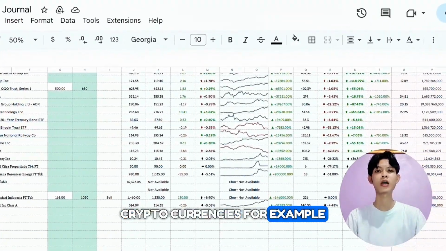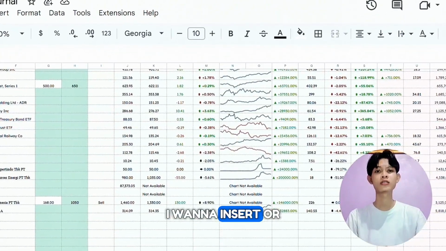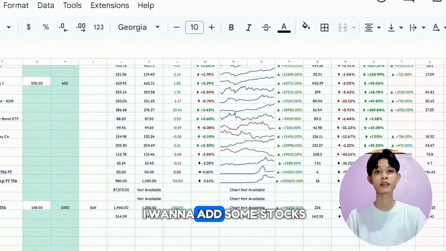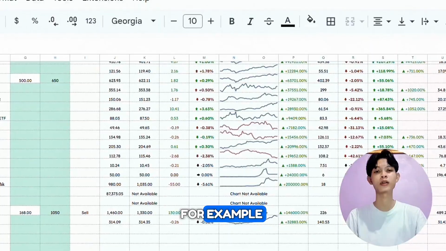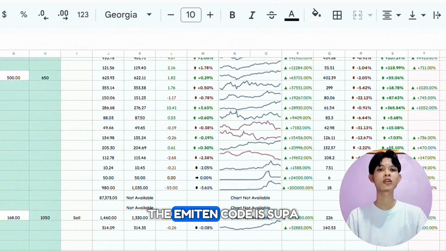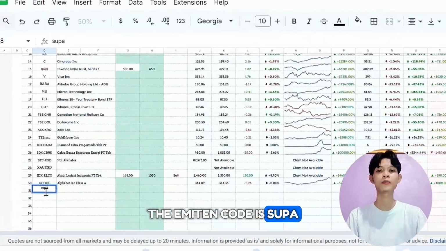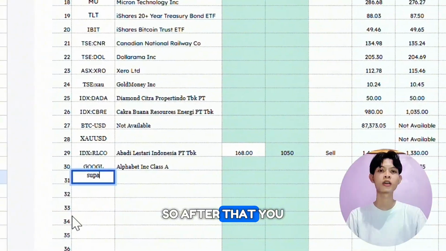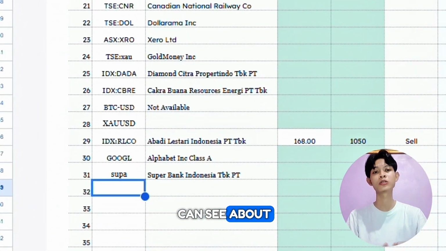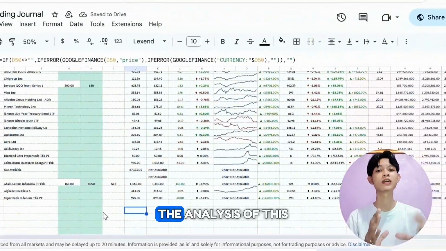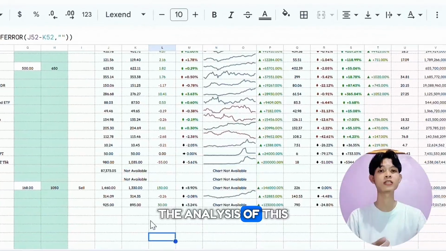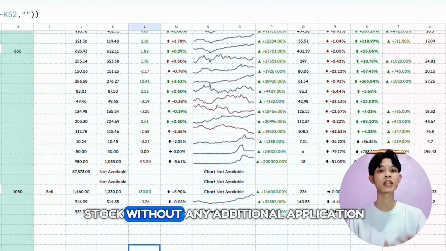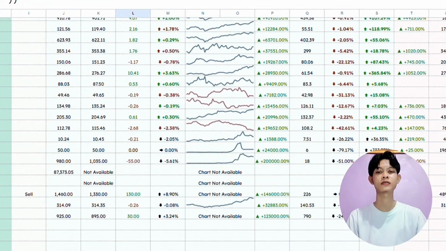For example, I want to add some stock. The ticker code is SUPA. So after that, you can see the analysis of this stock without any additional application.